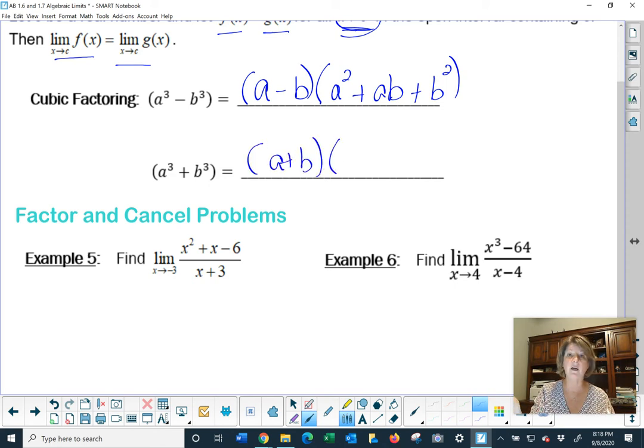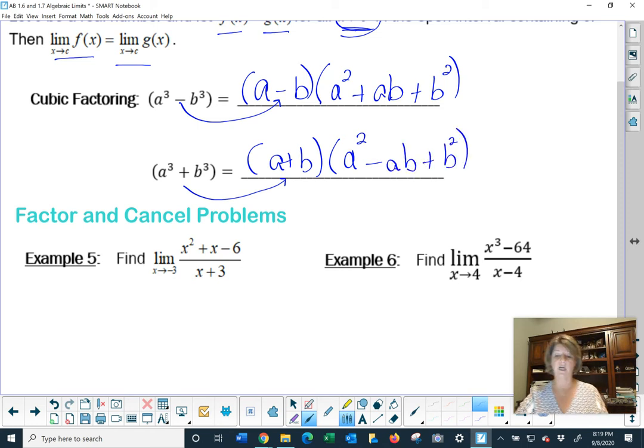We just have to be careful where we put our plus and minus. So if it is adding, then the first sign between the variables is adding. When it was subtracting, then the first sign between the variables was a negative. And here I'm going to have a squared minus ab plus b squared. So get that jotted down.